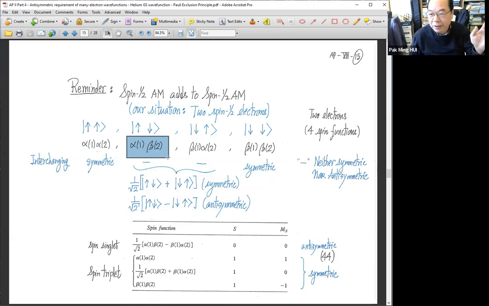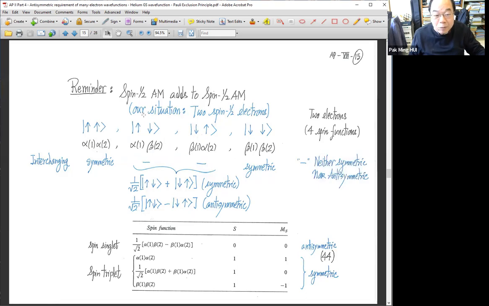It is not antisymmetric. That's why on this line I marked that if we interchange the two electrons, these are automatically symmetric spin parts, but these two have no symmetry property. I just marked a horizontal line there. That means neither symmetric nor antisymmetric.